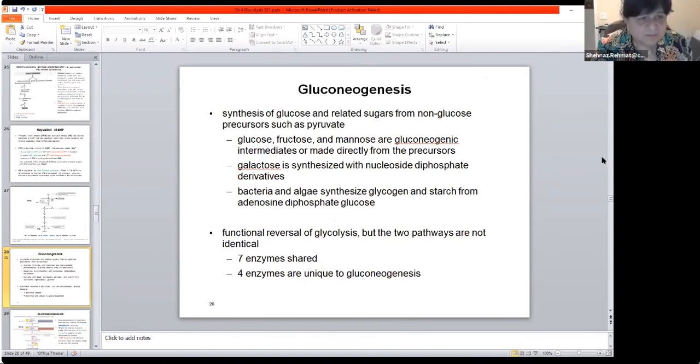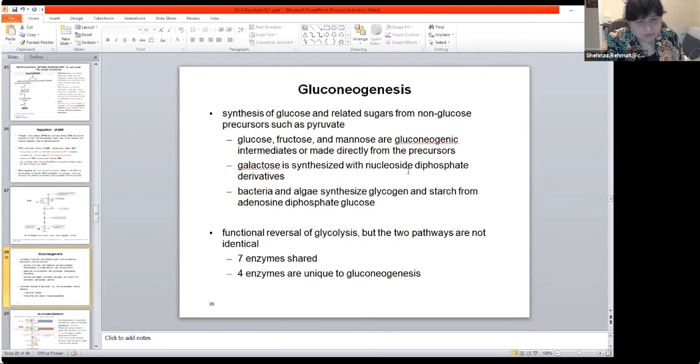As such, many microbes can grow on alternate sources also. So glucose, fructose, and mannose are gluconeogenic. That means they will be used directly to convert into glucose. Galactose, when it is synthesized, is a nucleoside diphosphate derivative. So it does not get converted directly, but it is a nucleoside diphosphate derivative.